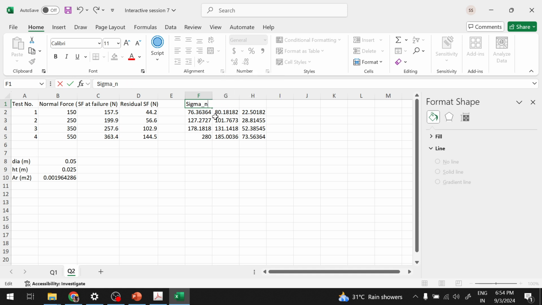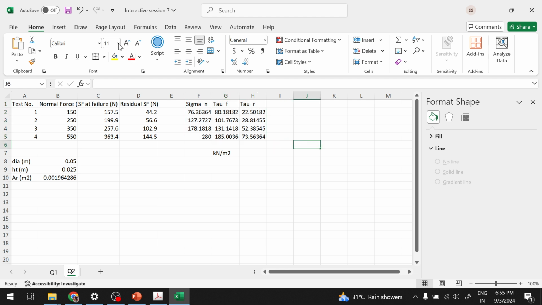Sigma n, tau f, tau r, and everything is in kilonewton per meter square. Now we have our values of sigma, tau r, and tau f.